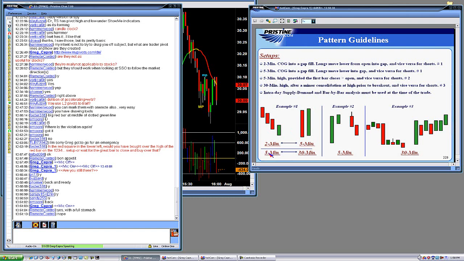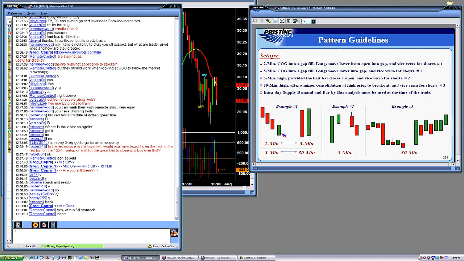If we're trading from a 5-minute chart, same thing, multiple bars moving down, comes into the gap fill, where there's support, changing of the guard. And you've got a 30-minute bar that's red. We're getting in on the transition, looking for a multiple bar move to the upside now. There's no way to know that it's going to form and go straight up like that. That would be the ideal.